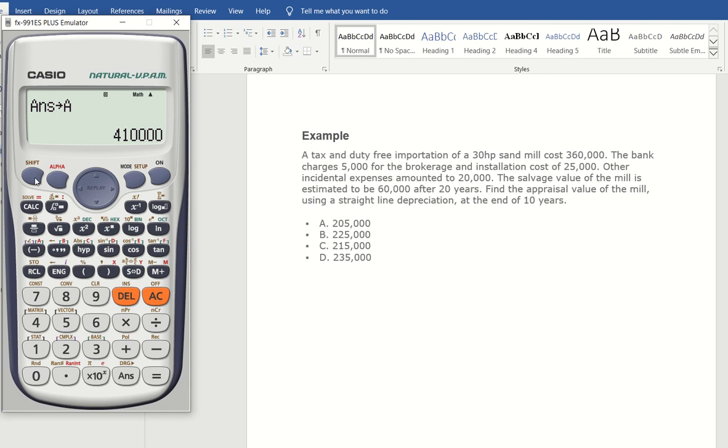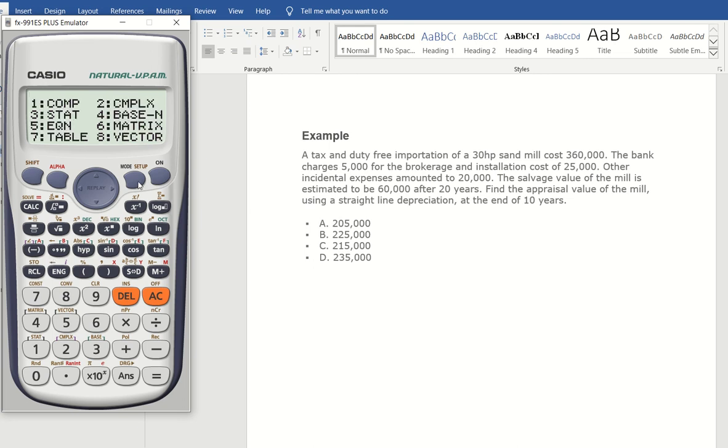So we have 410,000 as the whole cost, minus 60,000 equals 350,000, divided by 20 years. We have 17,500. So shift store B.